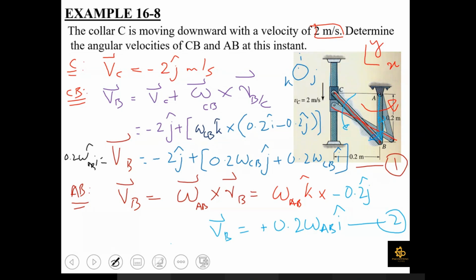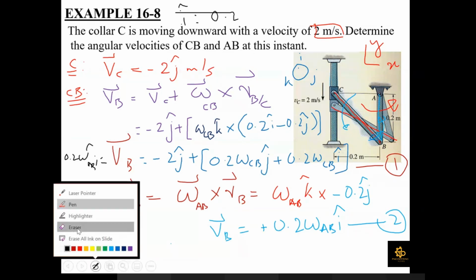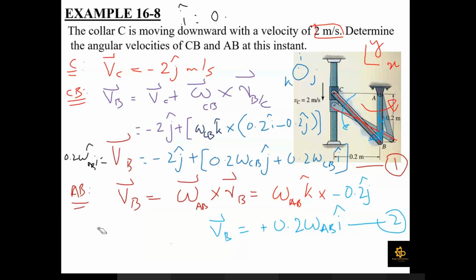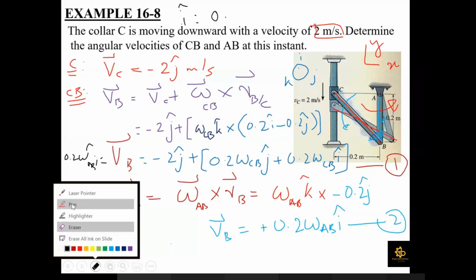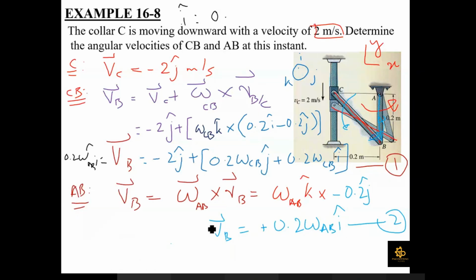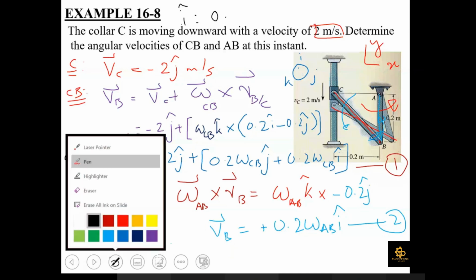So once you compare the I coefficients in this equation, I am writing on top, the I coefficient on one side is 0.2 omega AB. So 0.2 omega AB is the coefficient on the right side.